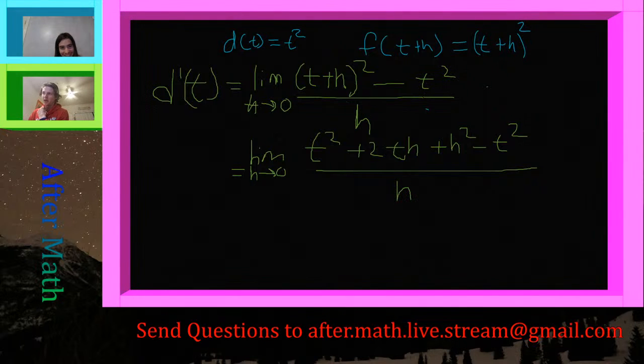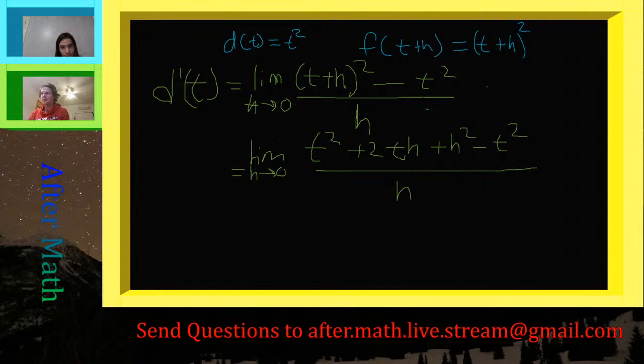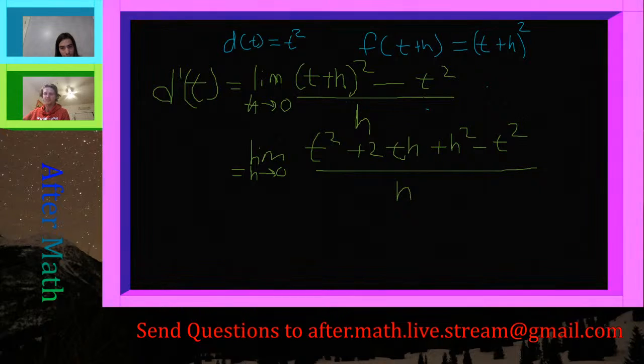Now let's figure out what can cancel each other. That and that, right? T squared minus t squared cancel each other out.